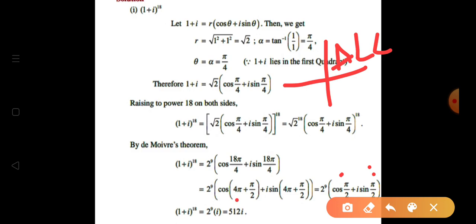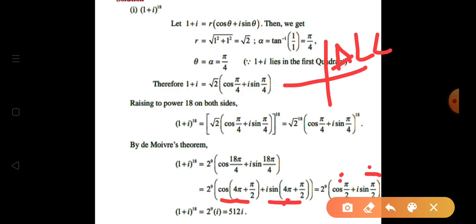And once again you listen, 4 pi, here also 4 pi. 4 pi means how many 90 degrees? Even number of 90 degrees or odd number of 90 degrees? Here even number of 90 degrees appear, so theta should not be changed. Cos theta stays cos theta, sin theta stays sin theta. Suppose odd number of pi by 2 appears, then cos theta goes to sin theta, and sin theta goes to cos theta.